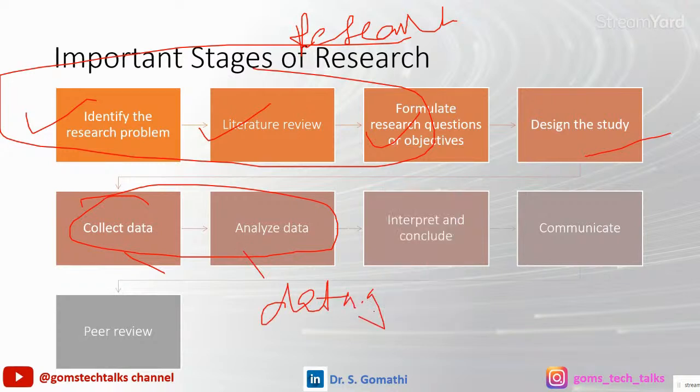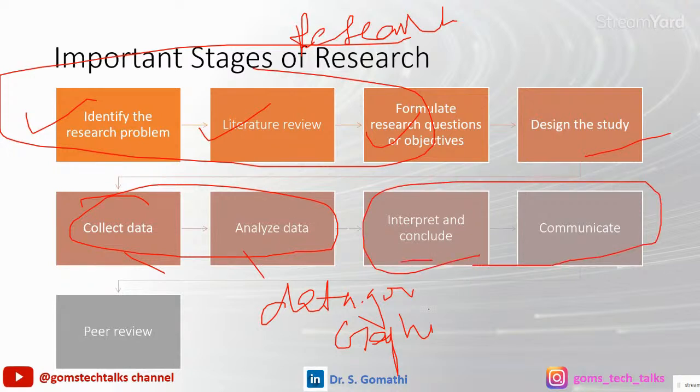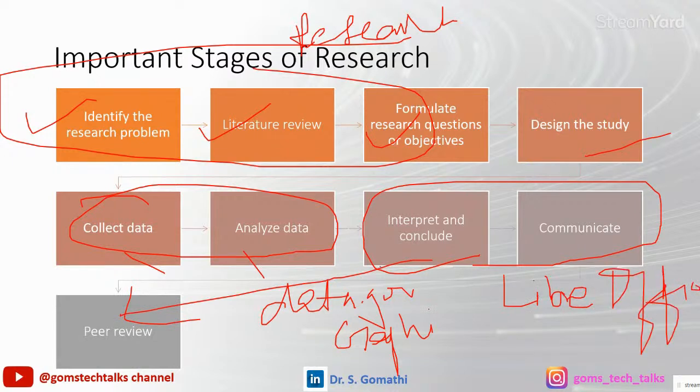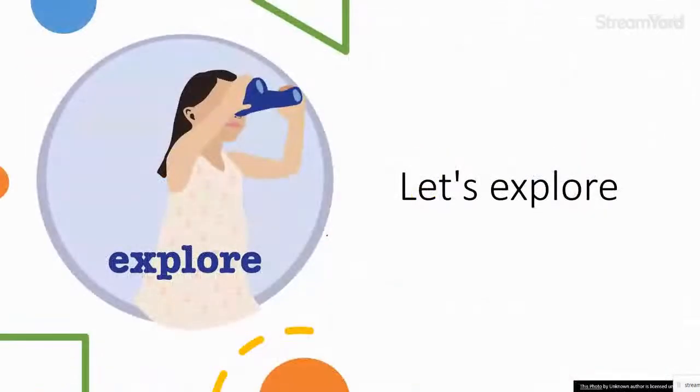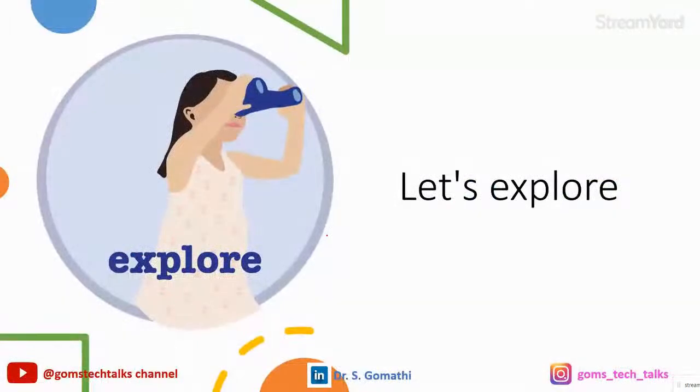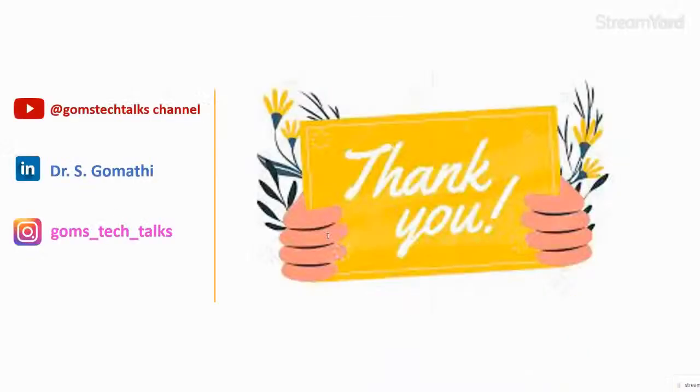You have various data available there, and to analyze the data, you can use Gephi. To interpret and conclude the data, you can again use Gephi, and to communicate with others and for peer review, you can use LibreOffice. So these are the tools which you can use in your research to make it better and more understandable.